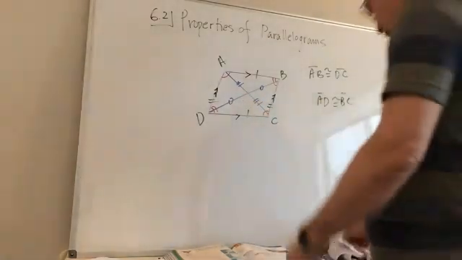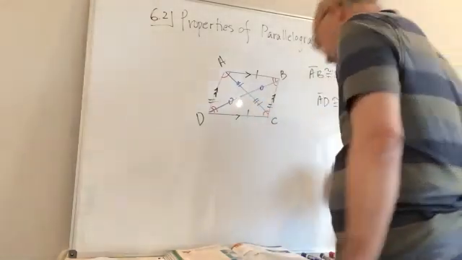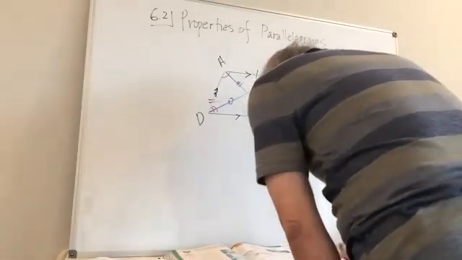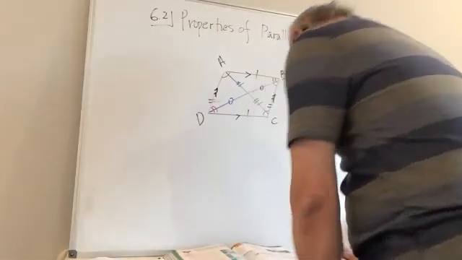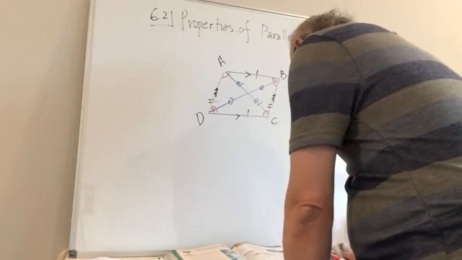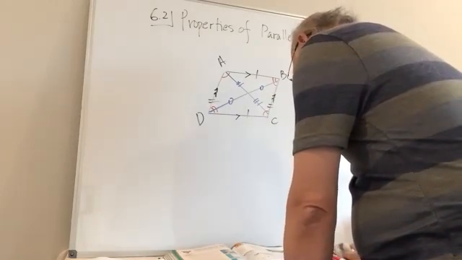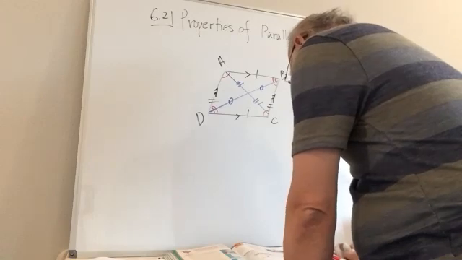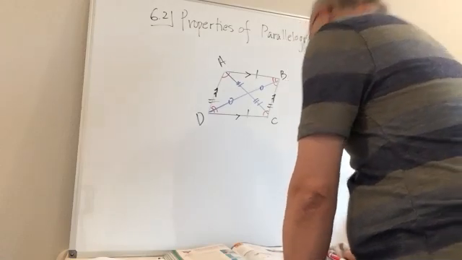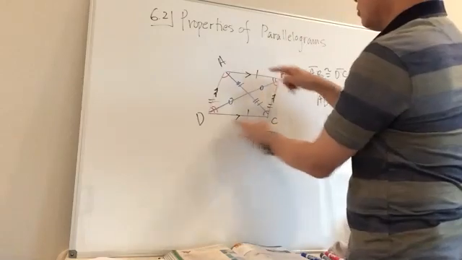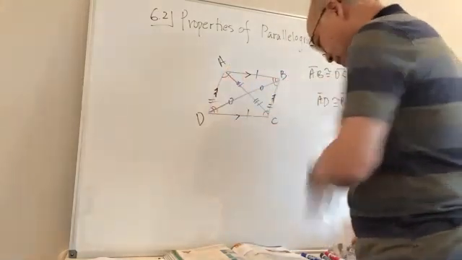Okay, all right. So, middle of page 403, theorem 6.2-1: if a quadrilateral is a parallelogram, then its opposite sides are congruent. We talked about that.